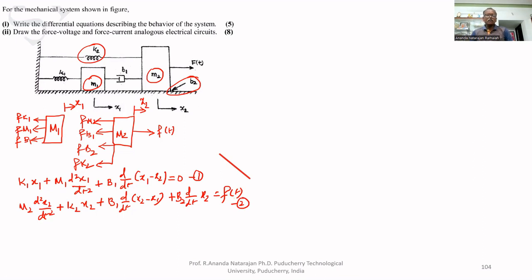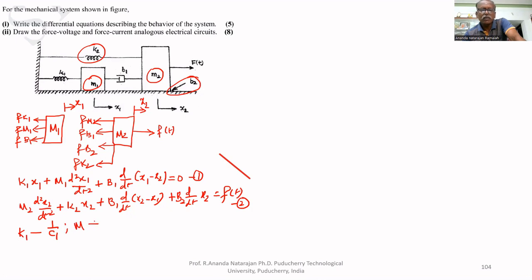Now we have to find the force-voltage as well as force-current analogies. To find the force-voltage analogy, we have to replace K1 by 1 by C1, K2 by 1 by C2, like that.